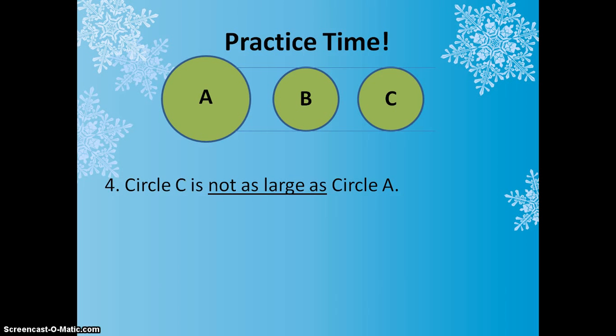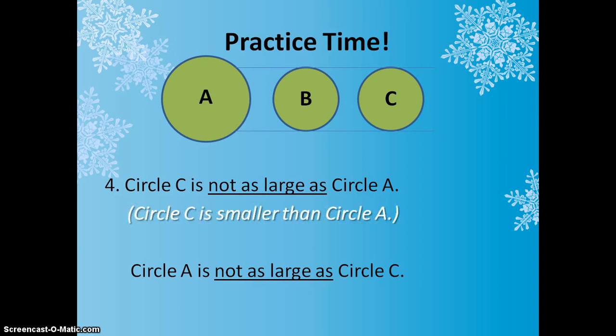Let's look at number 4. Circle C is not as large as circle A, and circle A is not as large as circle C. Which one of these sentences is correct, and which one is incorrect? All right, let's look at the first one. This first sentence means that circle C is smaller than circle A. And that's true. Circle C is smaller.